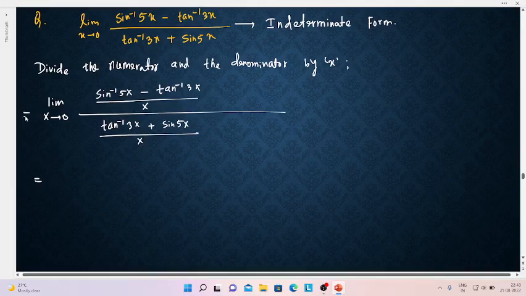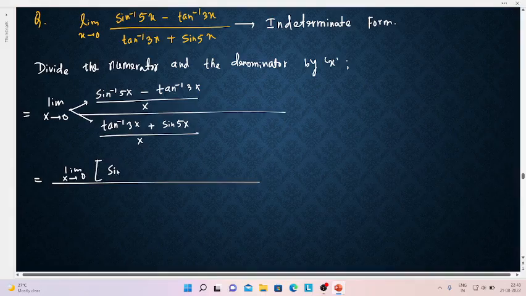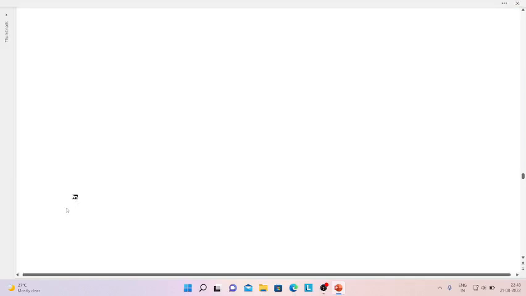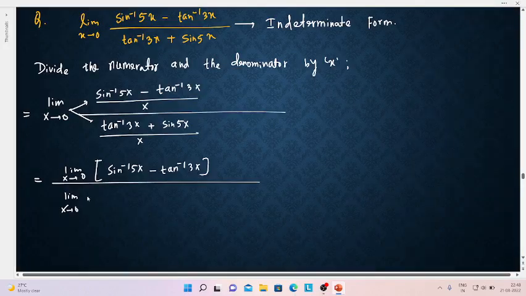So we can separate the limit into two functions. The numerator will be limit x tends to 0 of sine inverse 5x minus tan inverse 3x, and the denominator will be limit x tends to 0 of tan inverse 3x plus sine 5x, all over x.